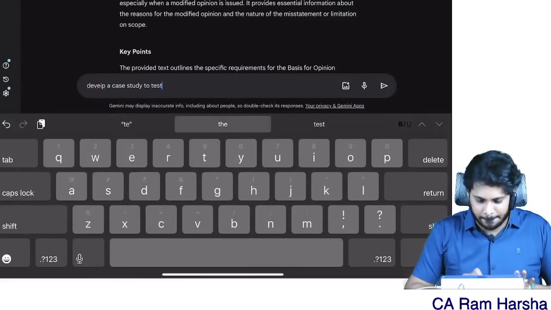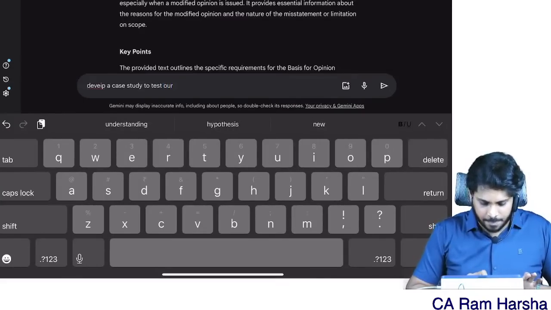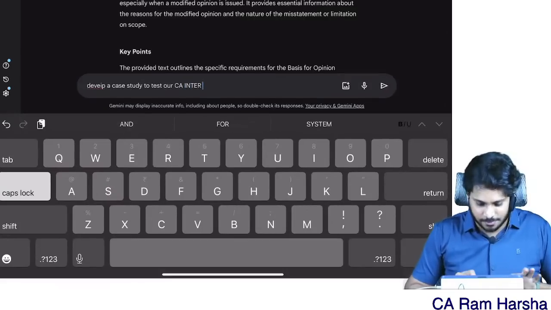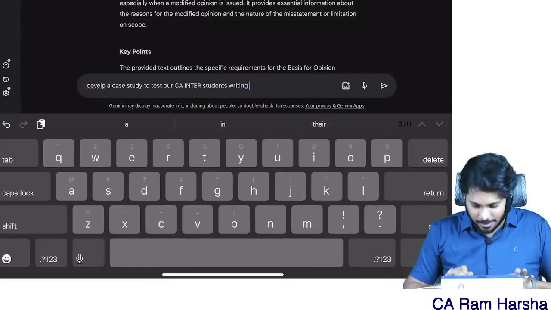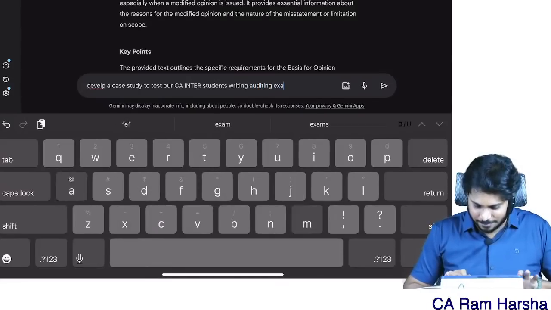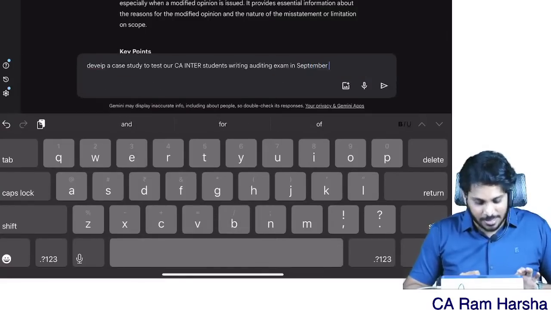to test our CA Inter students writing the auditing exam, September 2024.